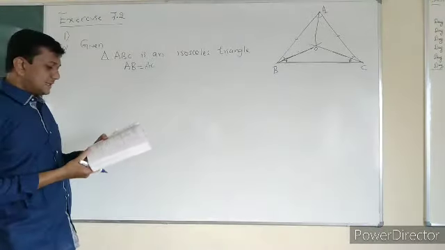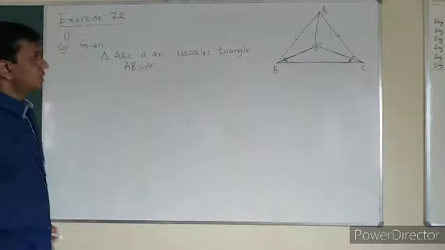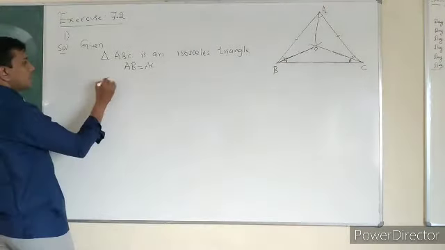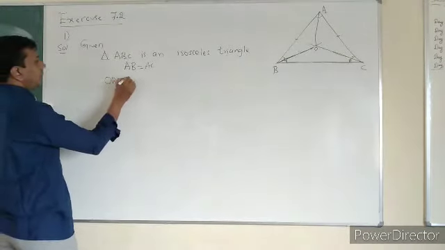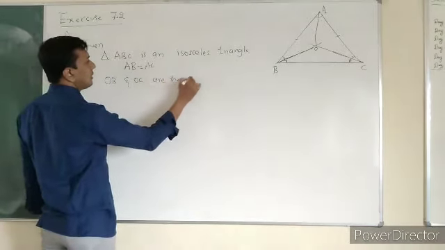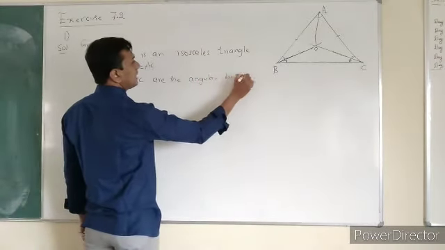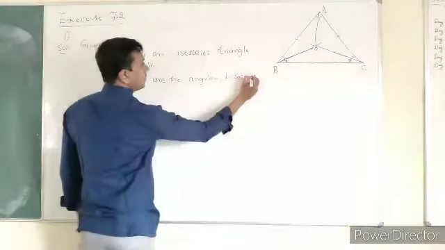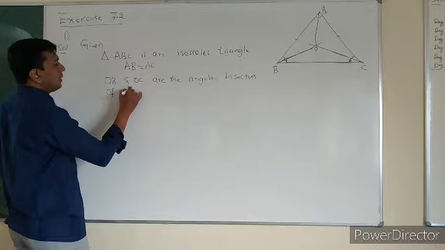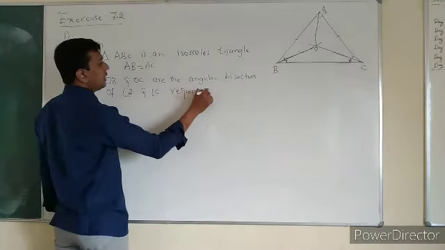Angle B and angle C bisectors intersect each other at O. So I can say that OB is the bisector of angle B. OB and OC are the angular bisectors of angle B and angle C respectively.